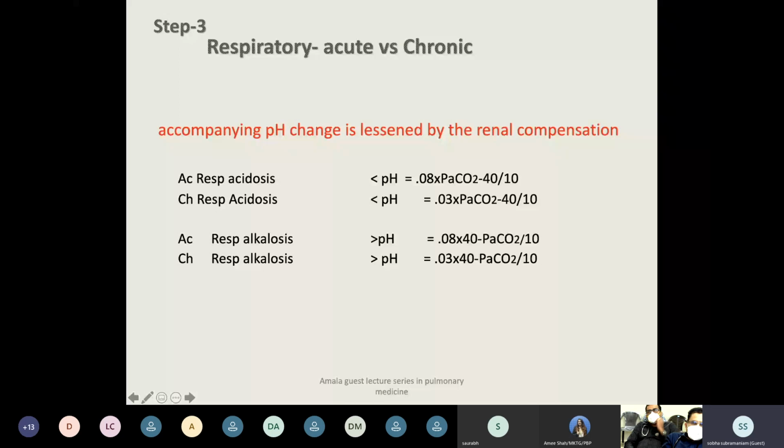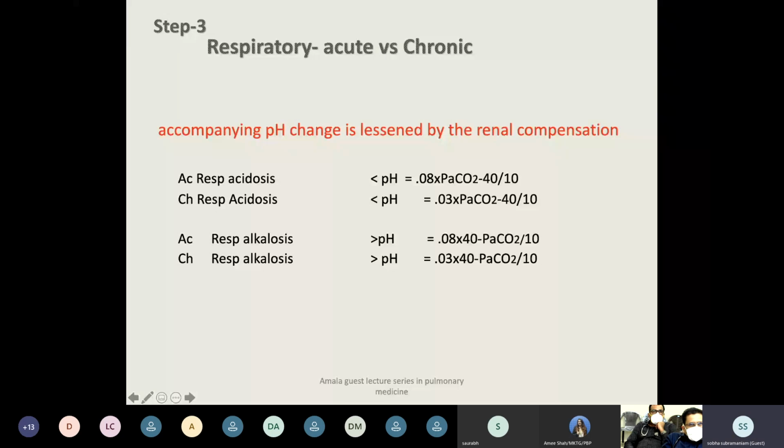So for example, in acute respiratory acidosis, if you have a PaCO2 of 70, what is the pH change you expect in acute respiratory acidosis? What is the change in chronic respiratory acidosis? So it is 0.08 in acute. PaCO2 is 70, 70 minus 40 divided by 10, so 3 into 0.08, that is 0.24.